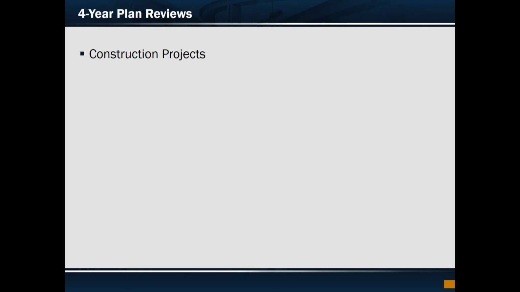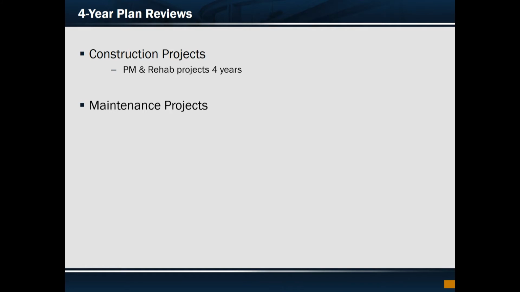So we talk about the first 2 weeks, and the district comes to one of the 4-year plan review. So what's included in those review meetings? Normally, the committee is going to review all the construction projects. Those construction projects are pavement maintenance and rehabilitation projects which are using our UTP funding.